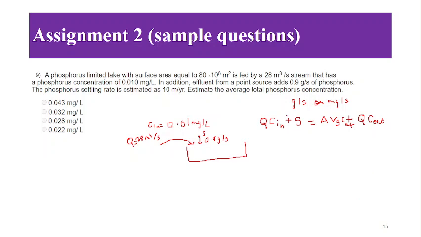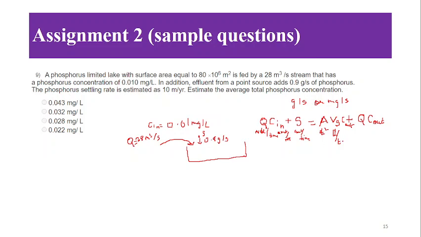So here, all of these units will be: this is the unit of volume per time. This will be amount per volume. This is amount per time. This is area, so length square. This is length cube per... no, this is length, and this is length per time.